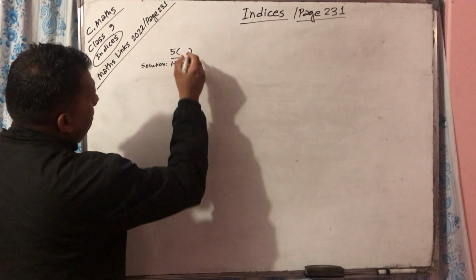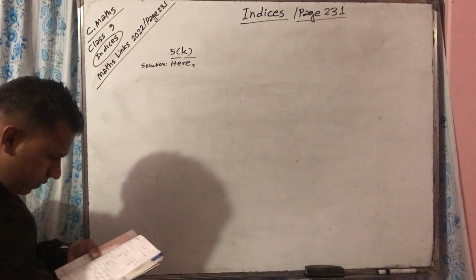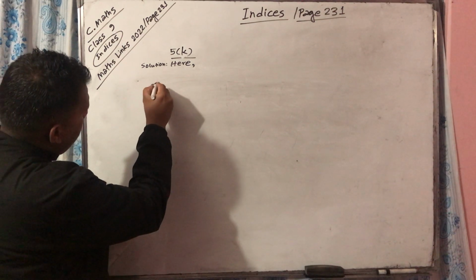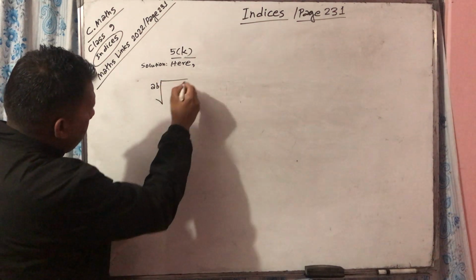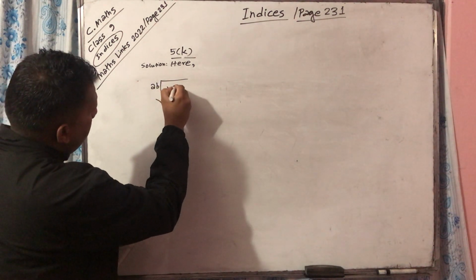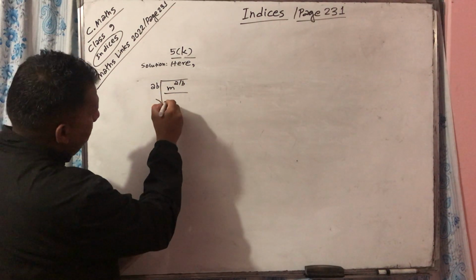On 5k, we have ab root m to the power a by b upon m to the power b by a.